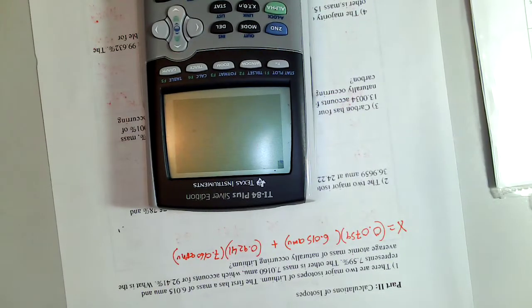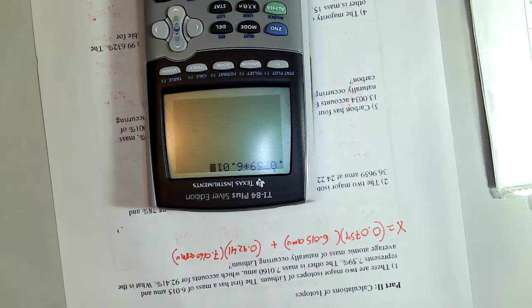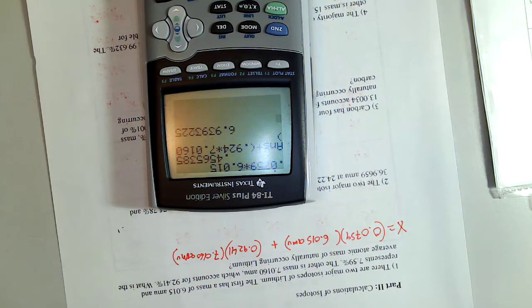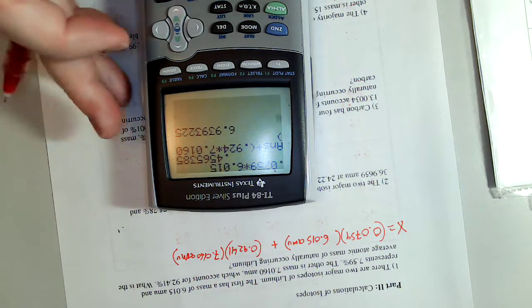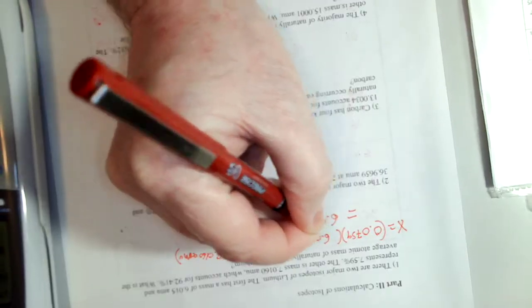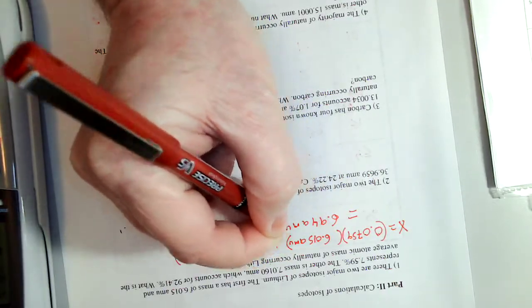So I'm going to take 0.0759 times 6.015 equals, and then add to that in parentheses 0.924 times 7.016, close the parentheses, and that gives me 6.939, so let's call that 6.94 AMU.